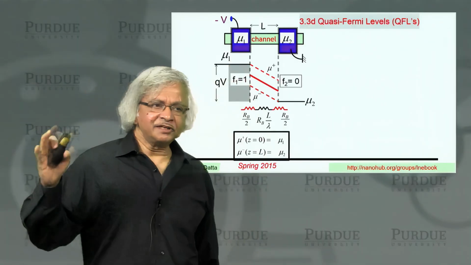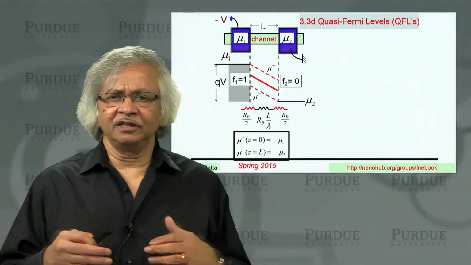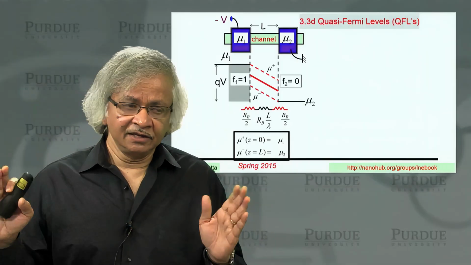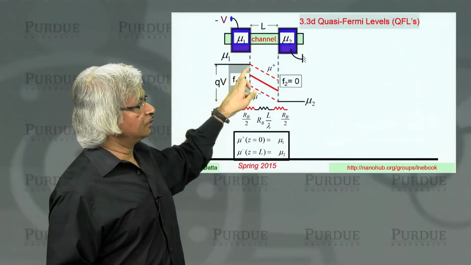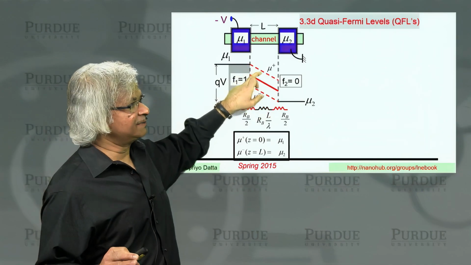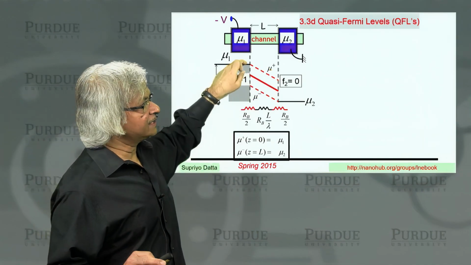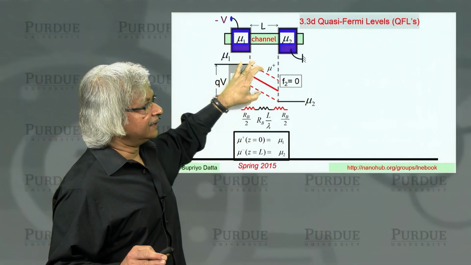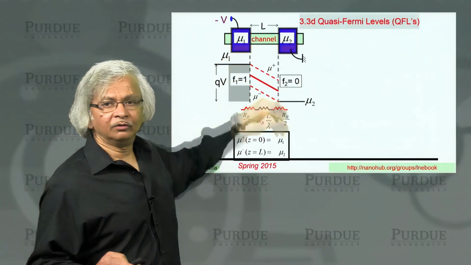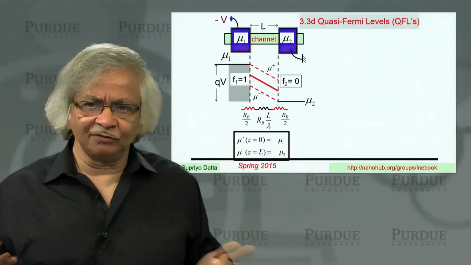And as I've mentioned before, on this scale of things, dissipation usually happens somewhere else, mostly in the contacts. So when I draw this mu going down like this, I don't imply that energy is being dissipated down here at all. All that it says is that the density of electrons will keep going down. And that we expect just from common sense.